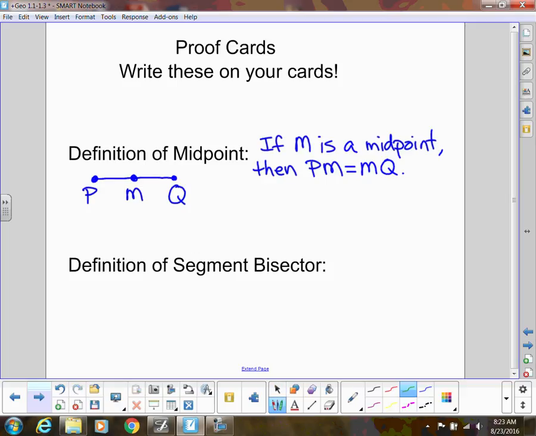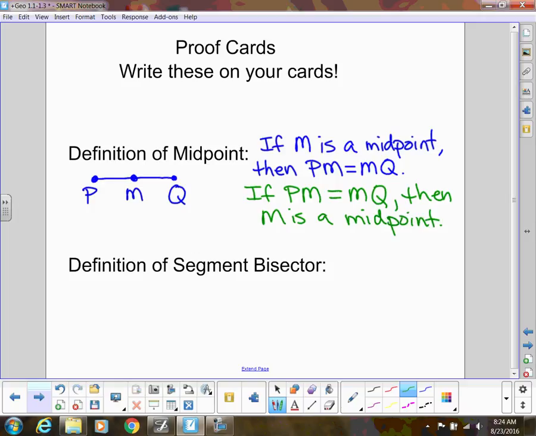Remember how we had that if and only if? Well, that means if we have the reverse knowledge, then we can use this as well. So if PM equals MQ, then M is a midpoint. And remember that we also had that theorem that was talking about congruence.